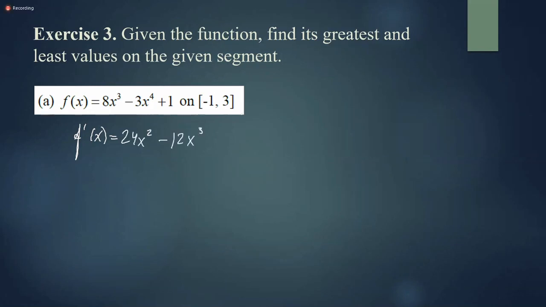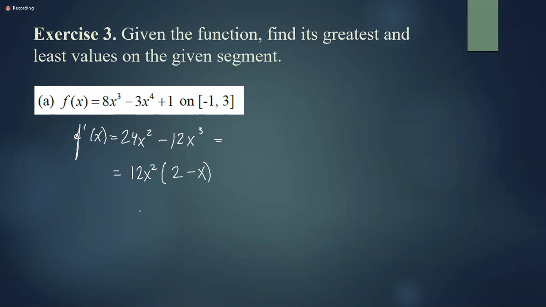That's the derivative. This means that we have 12x squared out of parentheses, and then we might write 2 minus x. So factorize. This is the moment, as I already mentioned last time, where we need to factorize the derivative, because without that, we cannot investigate the function. We need to see where the derivative is 0.